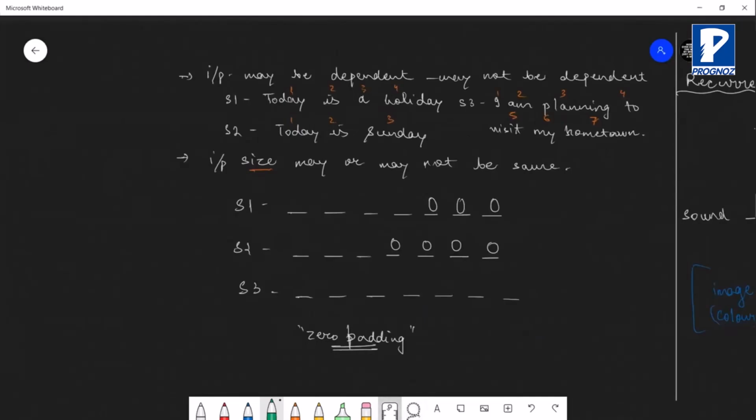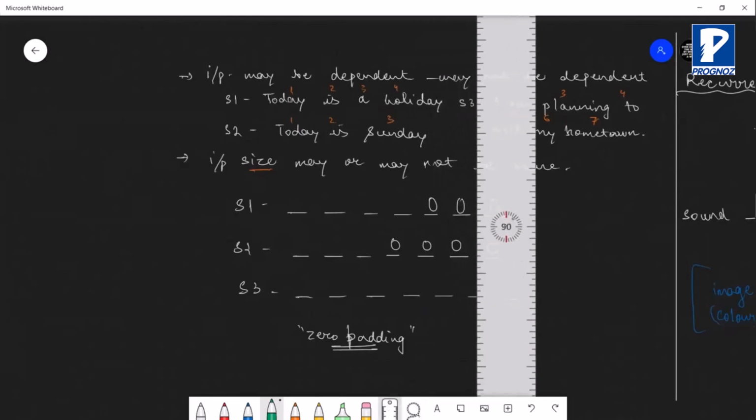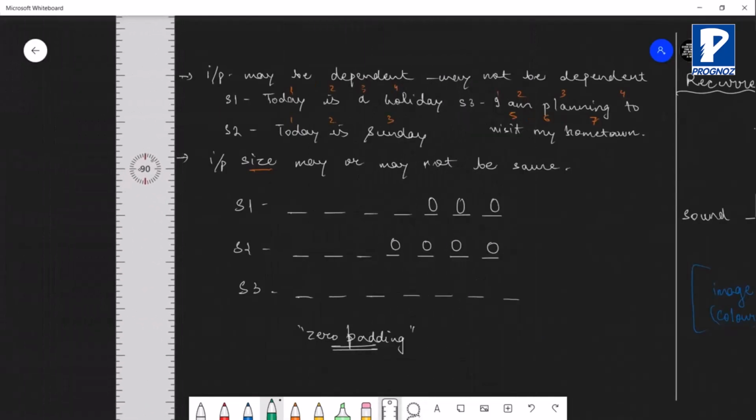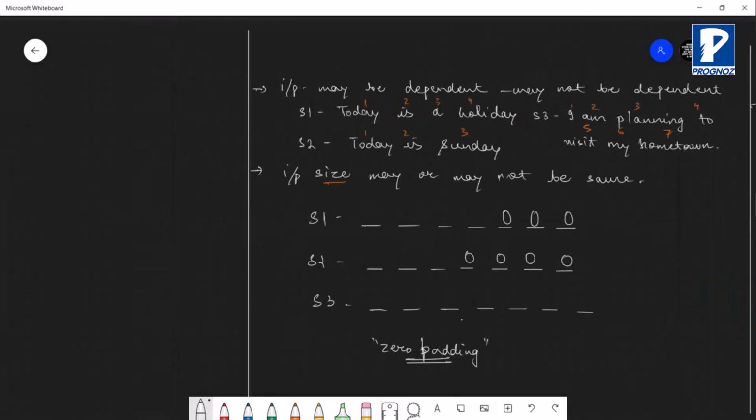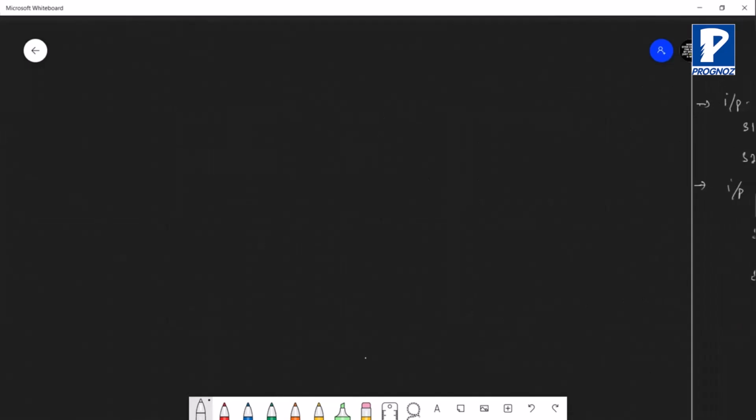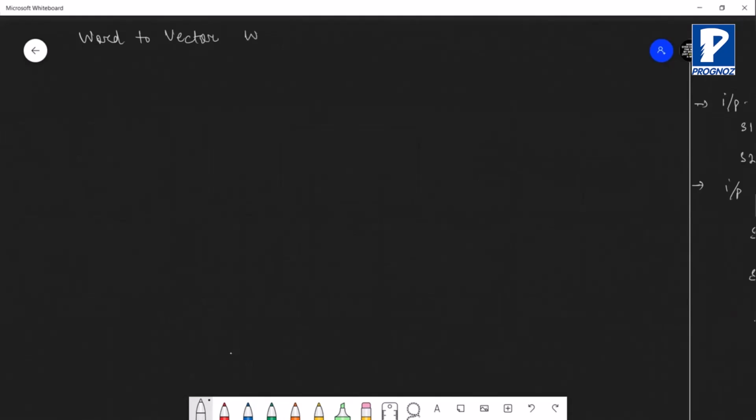Fine. So let us discuss that technique which is known as word to vector, which is also known as W2V technique.